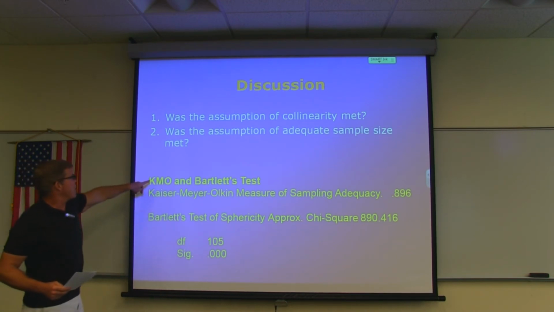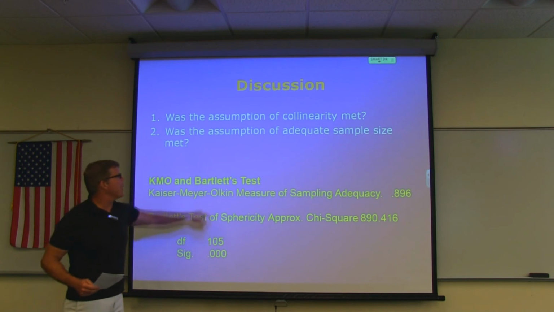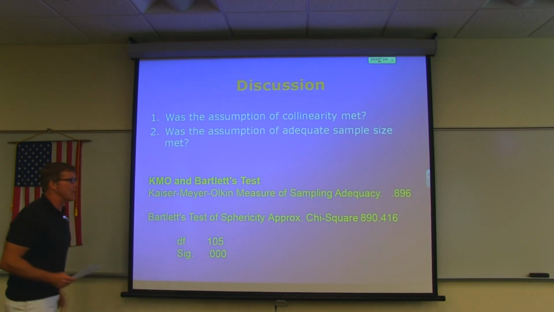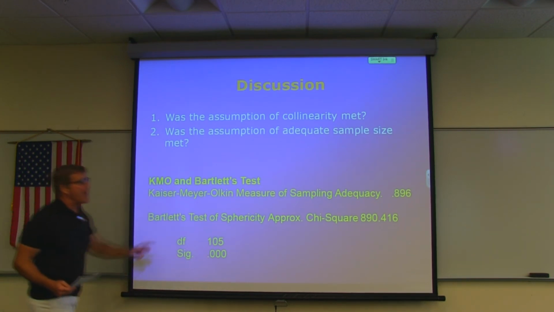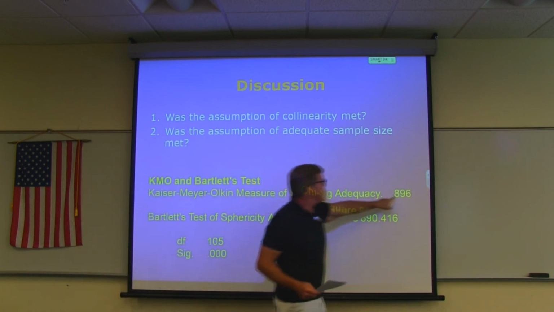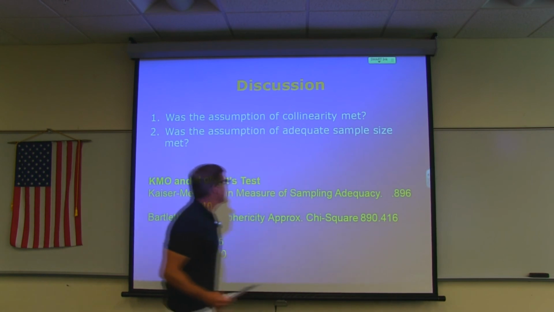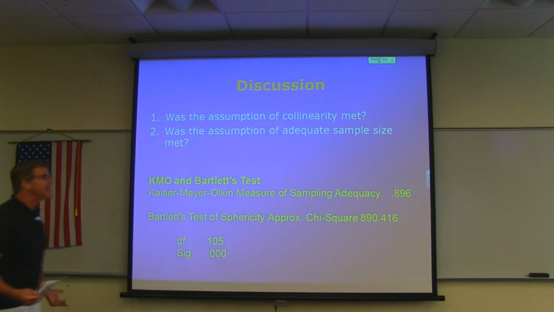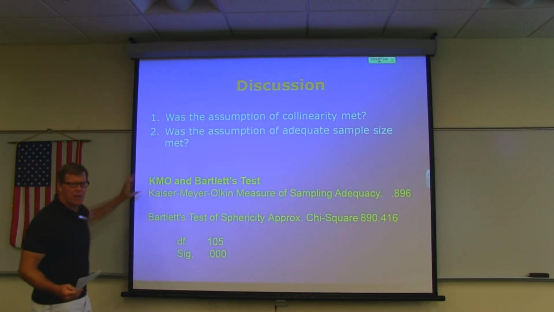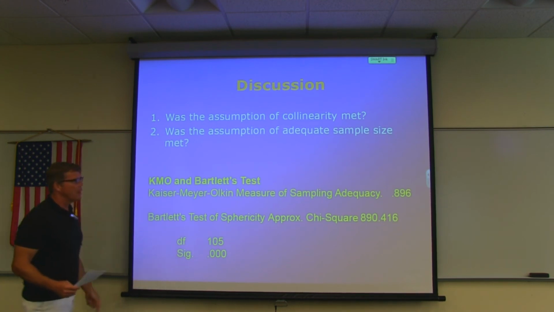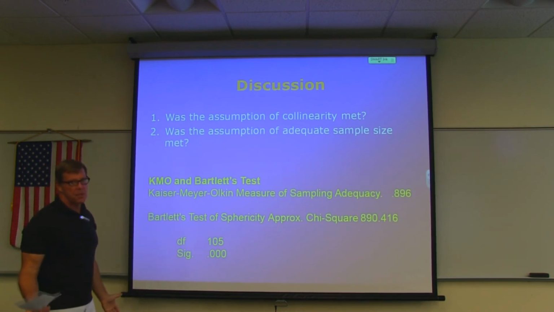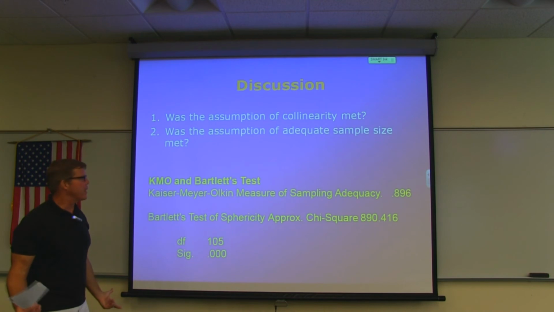We use the KMO test, Kaiser-Meyer-Olkin measure of sampling adequacy. This tells us that we have an adequate sample size because this particular figure is greater than 0.6. And again, this is very similar to a kind of quasi-power analysis. Do we have enough subjects to attain significance? Well, in this case, yes.